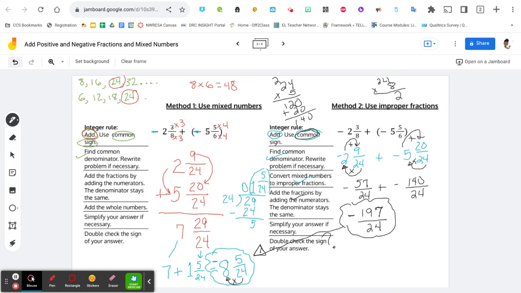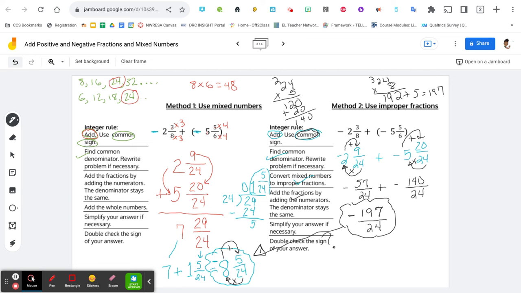Write down my 2, carry my 3. 2 times 8 is 16, plus 3 is 19. So that's 192, but I have to add to it 5. So 192 plus 5 is going to be 197.